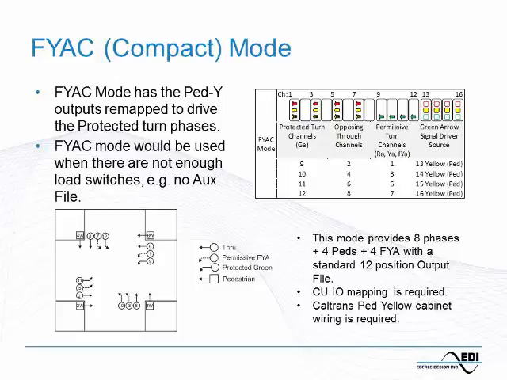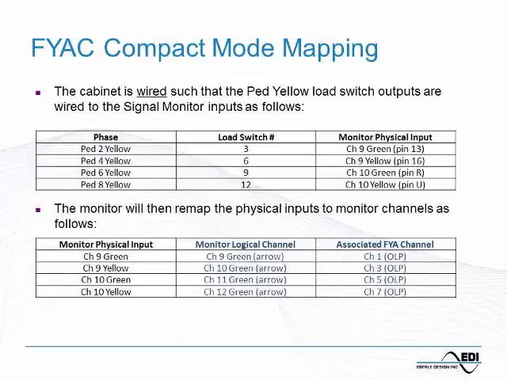But outside of California, I know there are cabinet manufacturers and agencies that don't put that wiring in, and so it's something you need to look into before you try and deploy the compact mode. So in this case, what we're going to do is we're going to reutilize the PED yellow outputs to drive the protected green arrow signal.